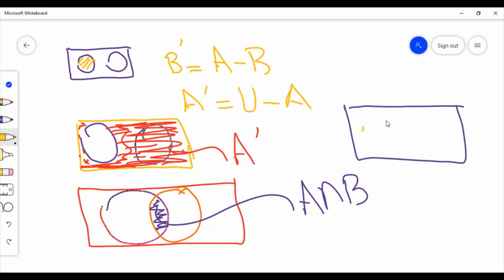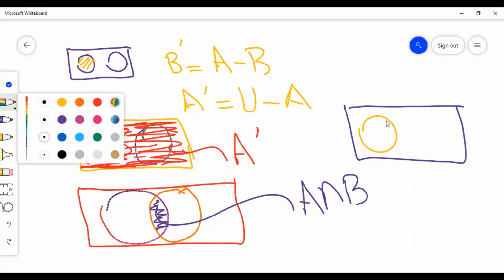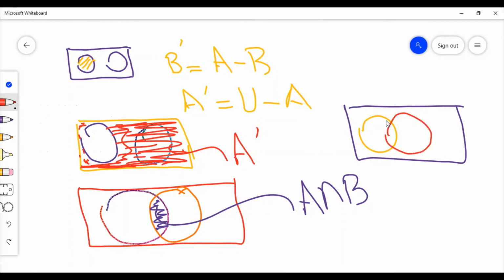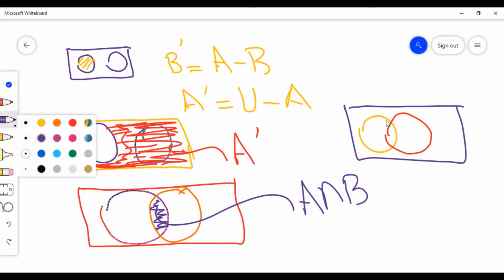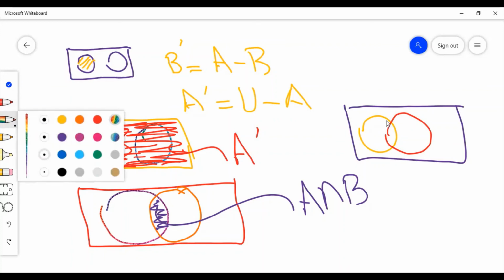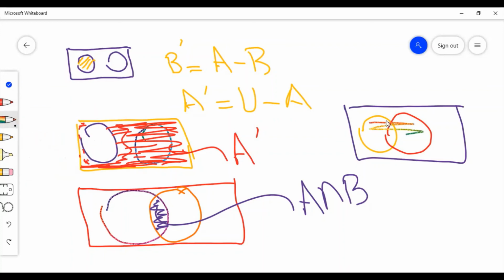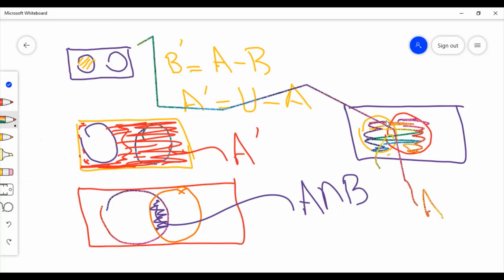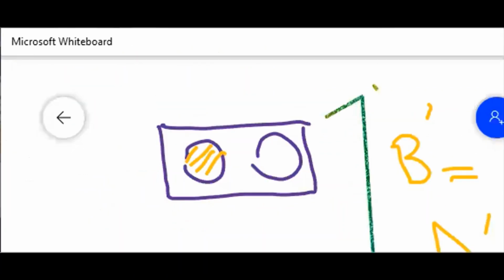That is A, and one more is your B, and you are looking for the union. So this whole area is representing A union B.